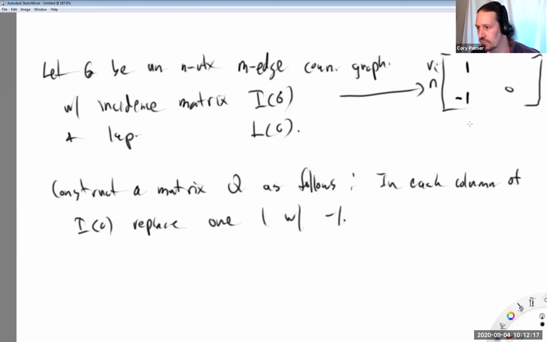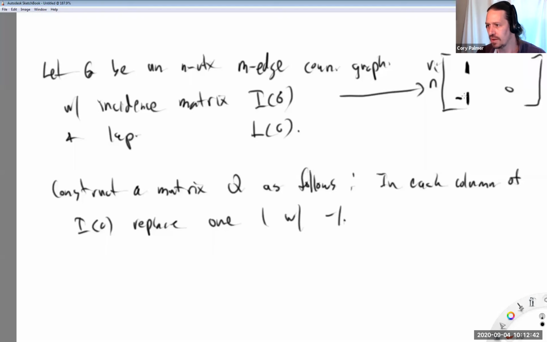It will help us for computational reasons, but let me help you visualize what's actually happening here. We haven't talked about directed graphs too much, but remember when we talked about branching forests, we oriented the edges away from the root. It's very natural to record the same thing in a matrix where 1 represents the start of the edge and -1 represents the end of the edge, or vice versa.